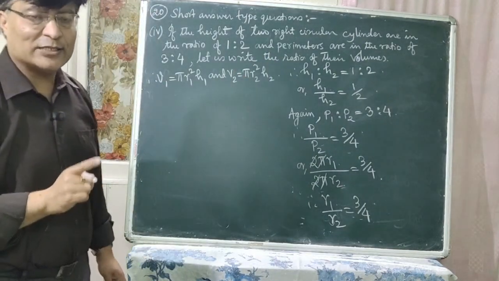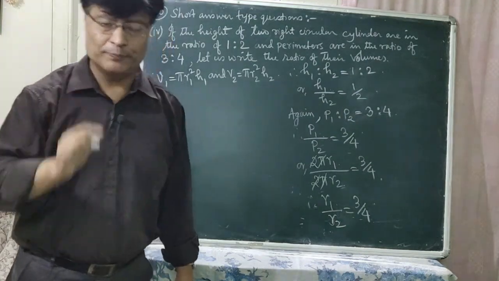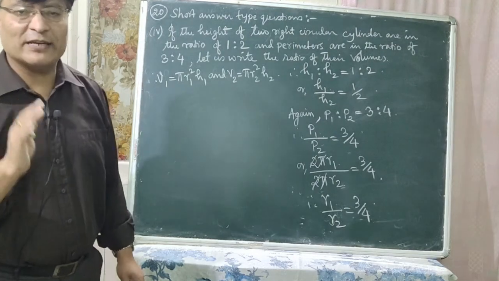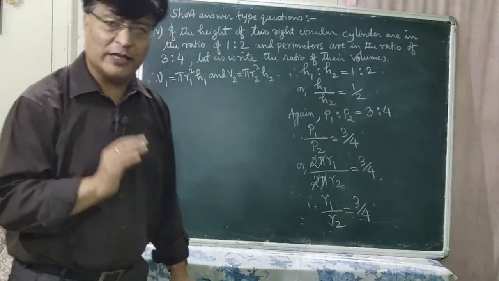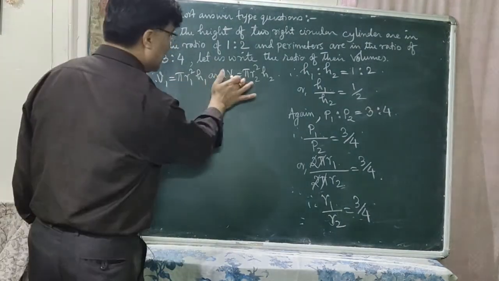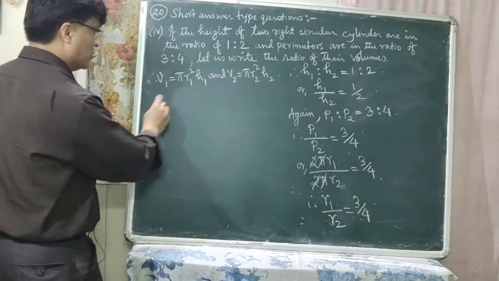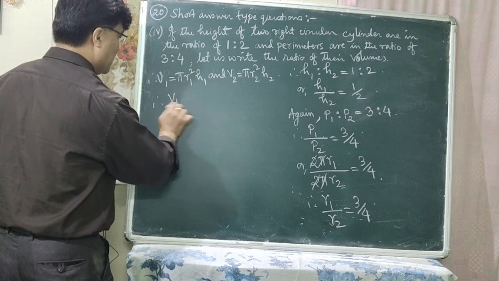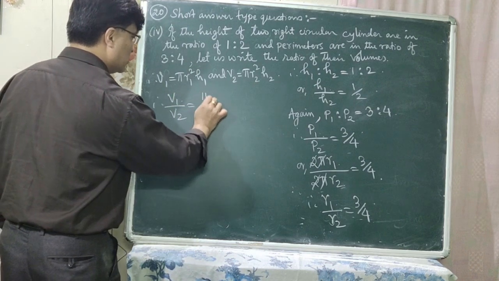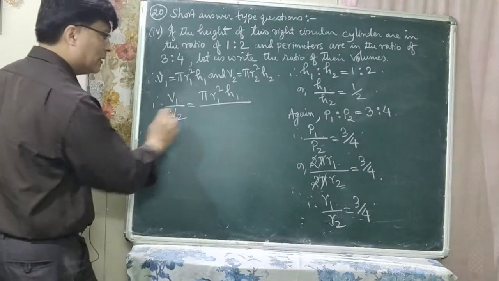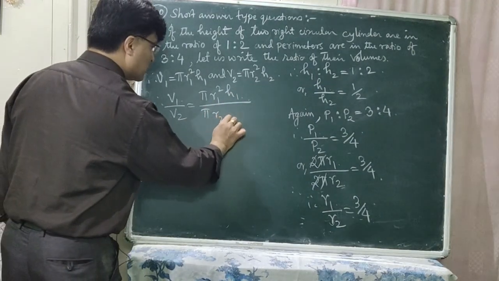In order to calculate V1 is to V2, let us first find V1 upon V2. Let us divide the first relation by the second relation. That is V1 upon V2 is equal to pi r1 square h1 divided by pi r2 square h2.